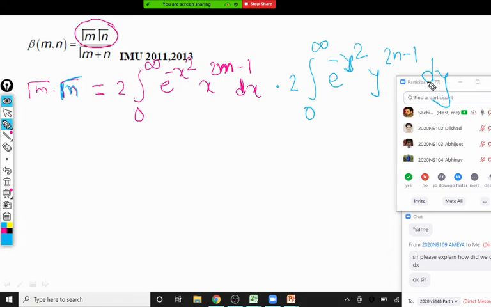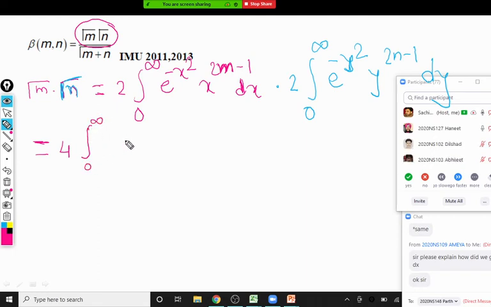Any doubt in the first step we have written here? No, sir. Okay. Now this 2 into 2 becomes directly 4. Can anyone tell me what can be done with these two integrals? There are the same limits, but the multiplication of two integrals can be converted into... not addition.